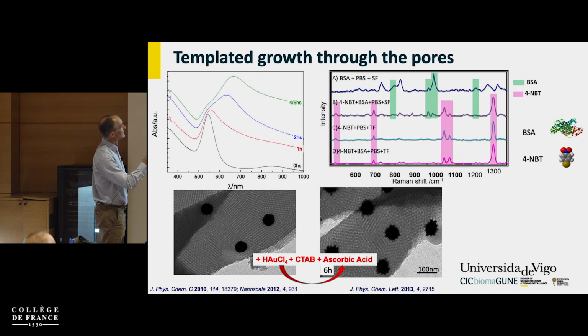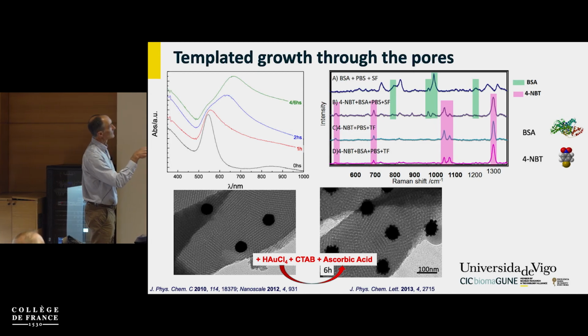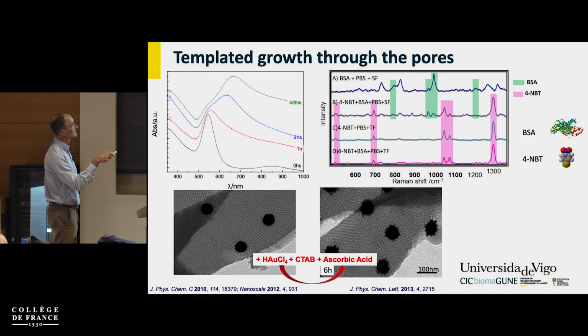This is a measurement of the mixture of BSA, a protein, bovine serum albumin, in phosphate buffer saline, and in the presence of a porous silica shell.